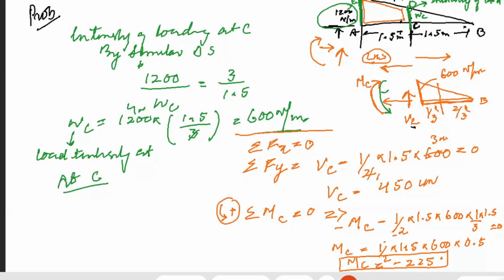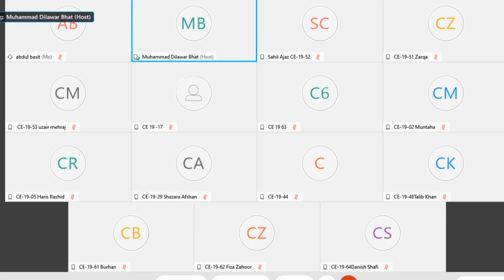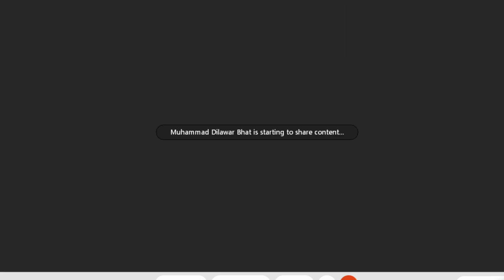And these variations of bending moment and shear force along the beam axis are basically found by the method of sectioning, as we have already discussed.